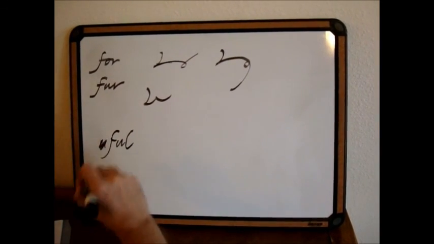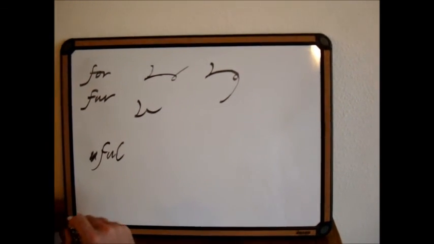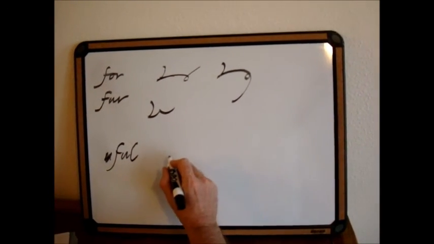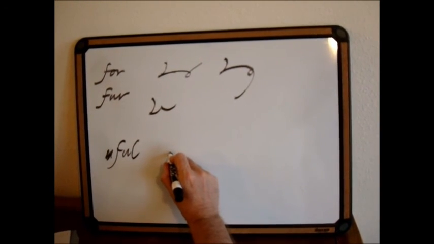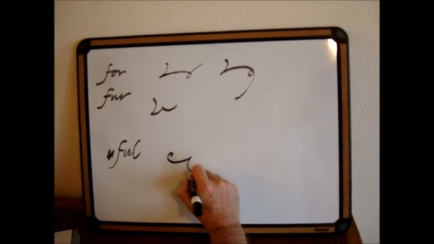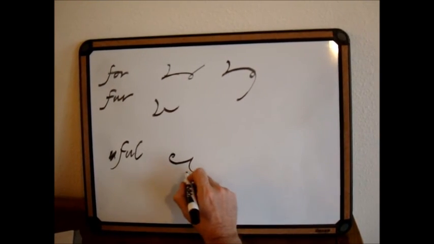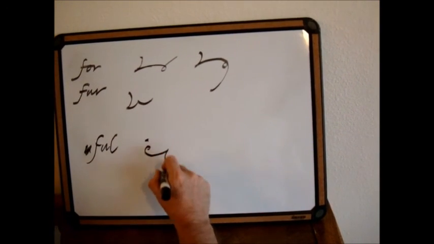Now, if you have a full at the end of the word, again, that can be abbreviated by the F. So if we had helpful, it's going to be H-E-L-P and then the F. So put our H dot over there. So it would be helpful.